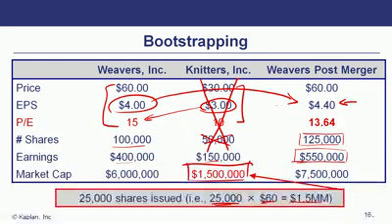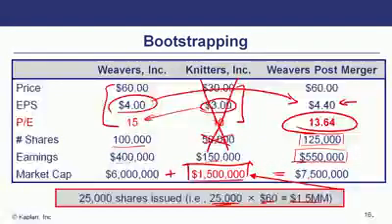But what about market capitalization? If we assume that the market is not fooled, and the market capitalization of the combined firm is $7.5 million, well, if you take $7.5 million and divide it by 125,000 shares, you're going to see that the share price of Weaver is still $60 a share. And that's going to give us the main result here, which is this PE ratio of 3.64.